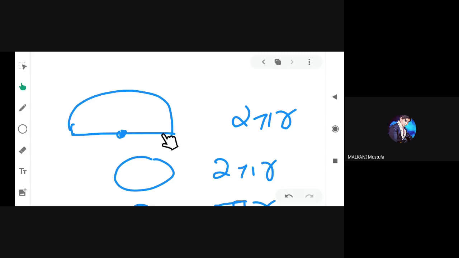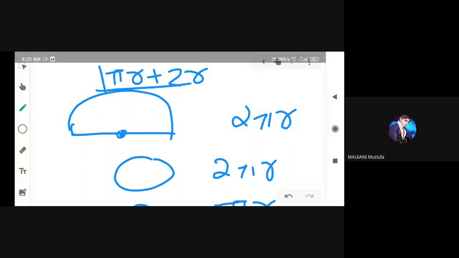So what is the circumference of this figure now? Otherwise, what is the perimeter of this closed figure? So it is pi r plus 2r. So the circumference or perimeter of this closed figure is pi r plus 2r. I hope you all are getting this formula. Yes or no?